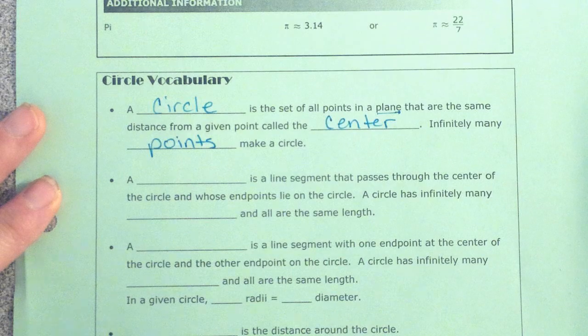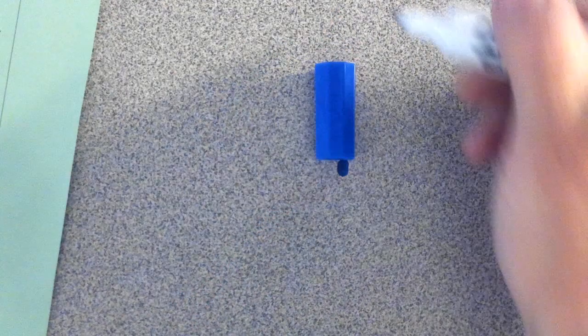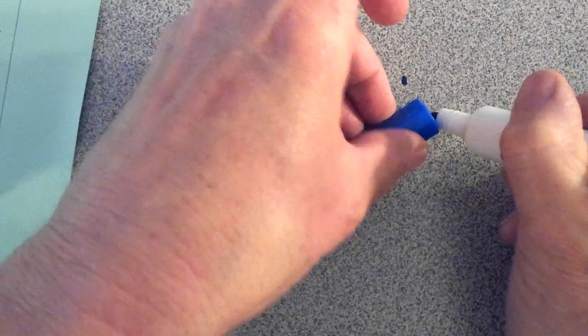will make a circle. So for example, get my marker here. I have a point here, that'll be my center, and I make a point here, and I turn it, and a point here, and I turn it, and I keep doing that, and I do that an infinite amount of times. This is very hard to do. In fact, it's horrible.